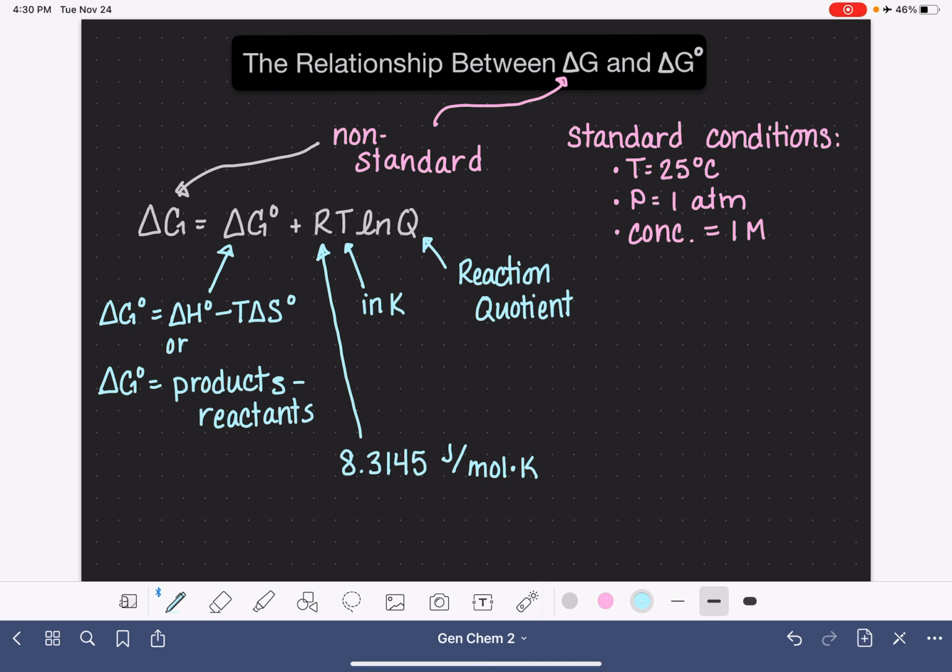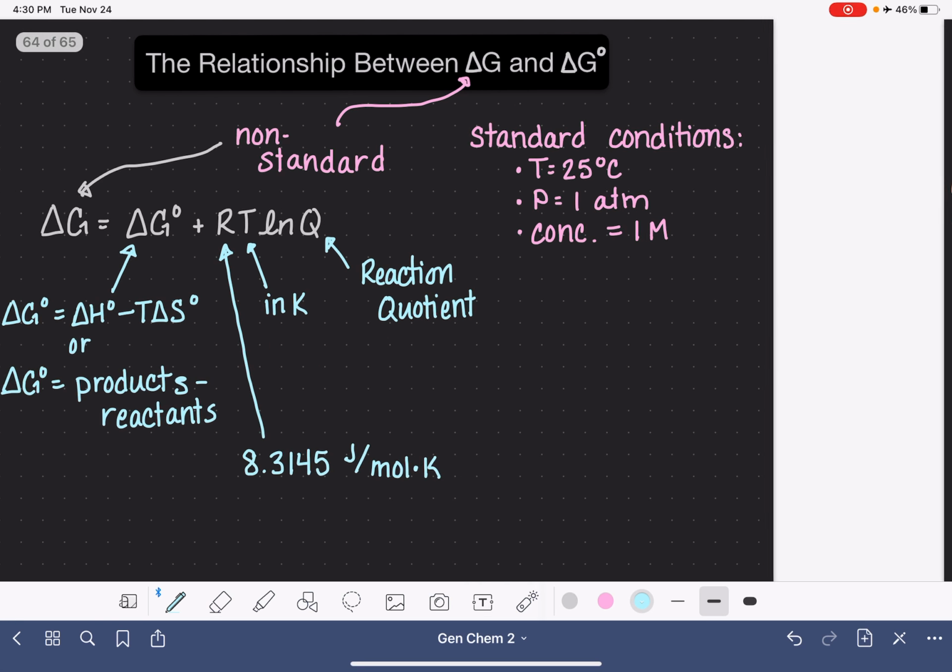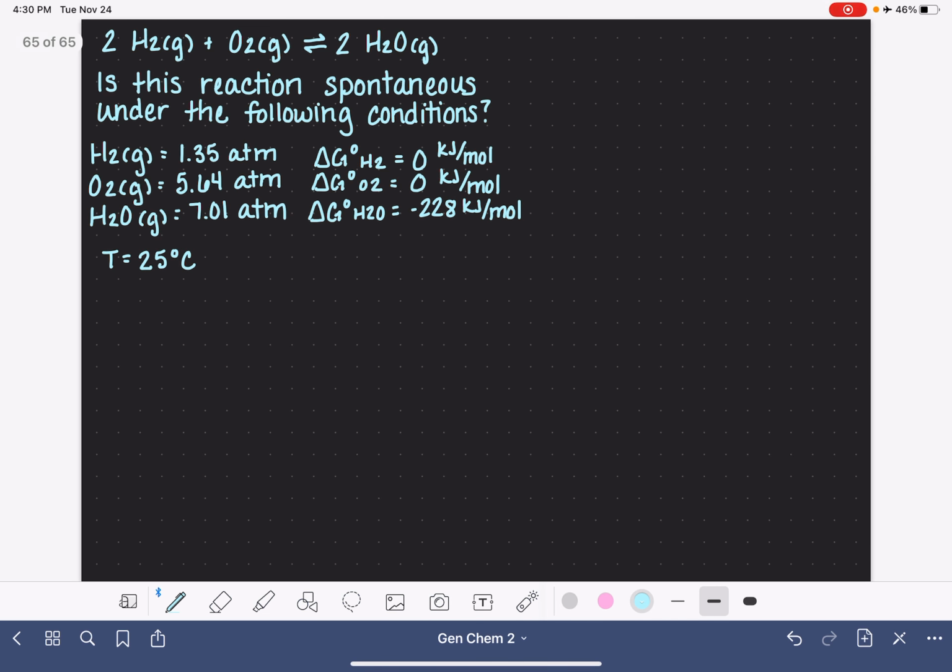Let's take a look at an example of how we could use it. Here we have a reaction, H2 plus O2 makes H2O. We want to know if this reaction is spontaneous or not under these conditions, and we've got some pressures, a temperature, and some delta G values over here.